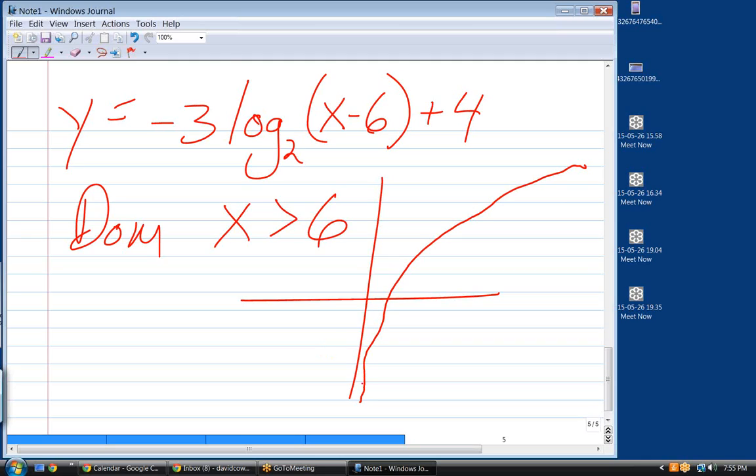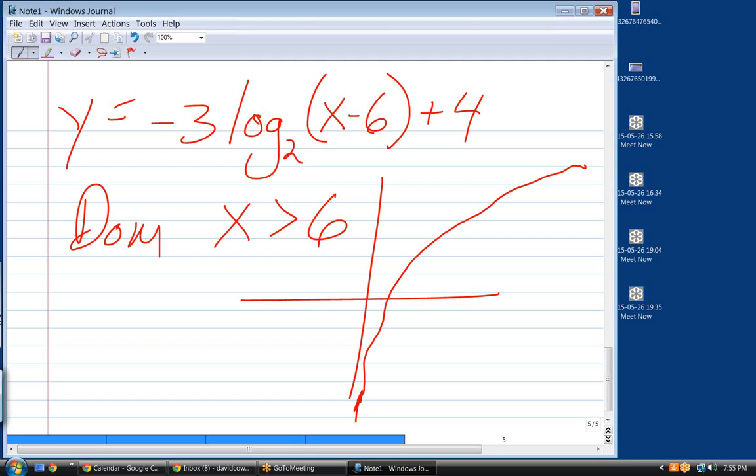It's asymptotic to the y-axis. So the range of this function is still all reals. We may shrink it, stretch it, move it right, left, up or down, but it doesn't change the negative infinity to positive infinity on the y, no matter what we do to it.